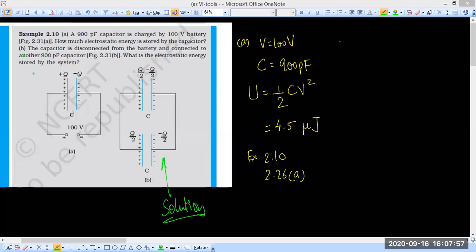Now see, this other capacitor is actually uncharged, right? It's not given, but typically in such situations it is understood that the other capacitor is uncharged. All right. What is the electrostatic energy stored by the system? So if that happens, what is the electrostatic energy stored by the system? So let's start.